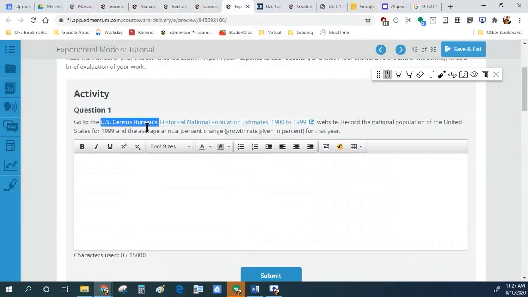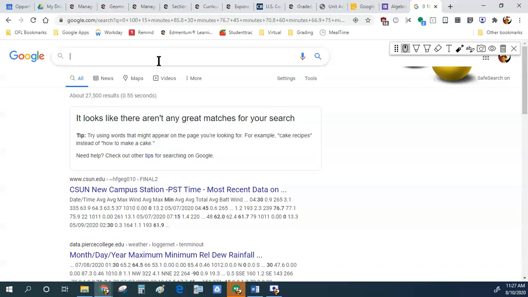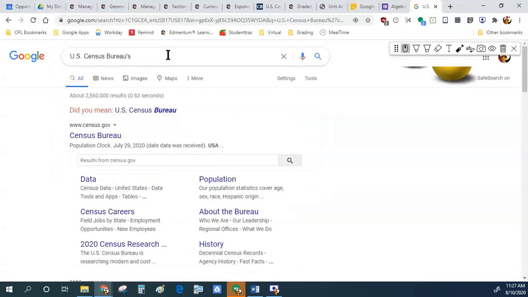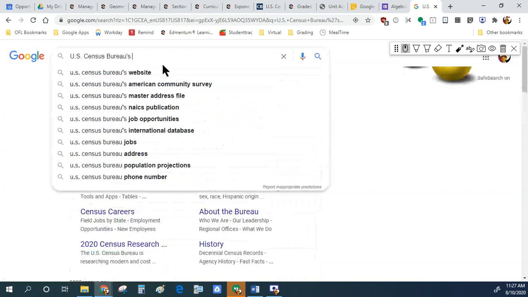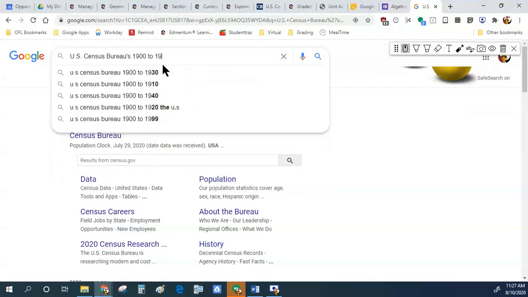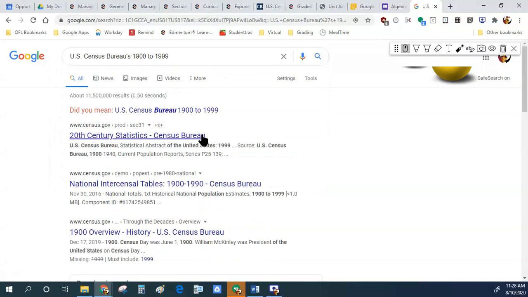Why don't you just do it normally, like Control C? That's what I did right now. Apparently, you just have to click on it. Census Bureau 1900 to 1999. I think this is going to take me to the exact same website.